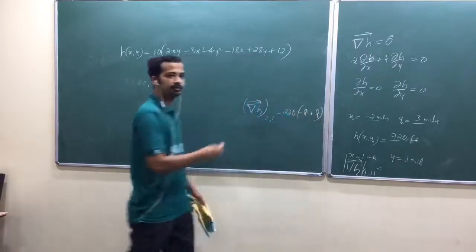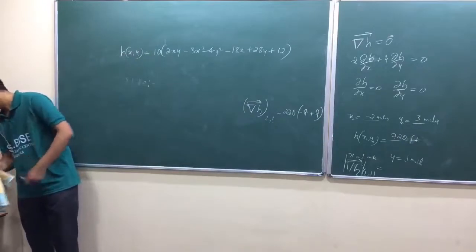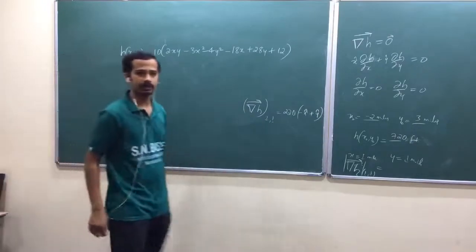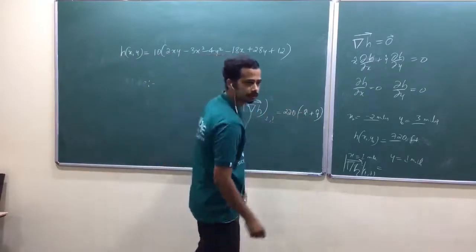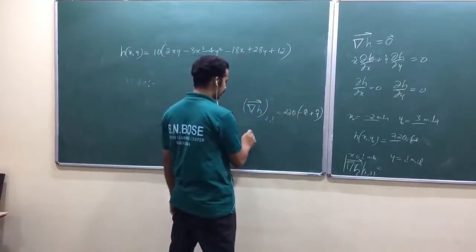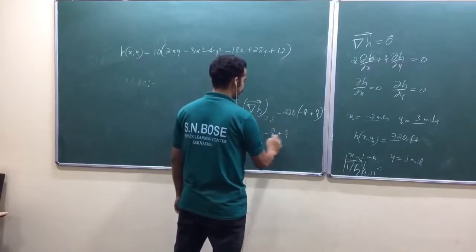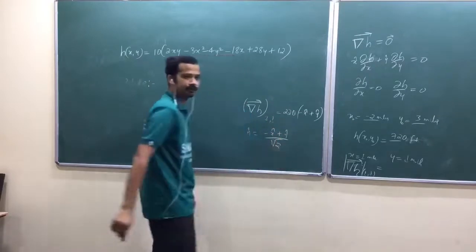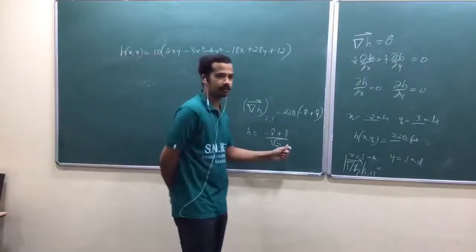Minus x cap means x was distance in north, so minus x means distance in south. If you make it a unit vector, root 2 will come obviously. What's a unit vector along this direction? That's minus x cap plus y cap divided by root 2. So now obviously this is the direction.